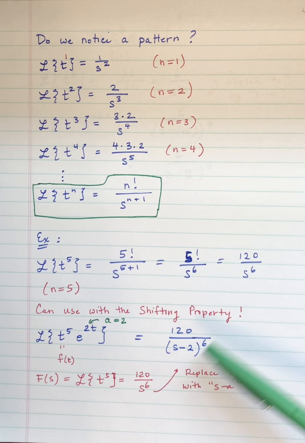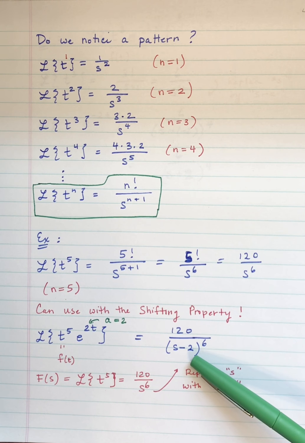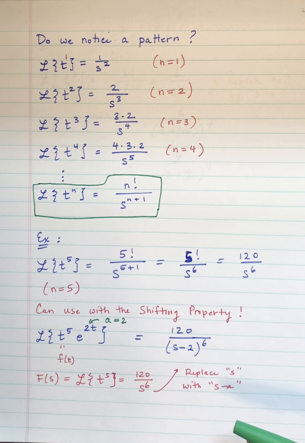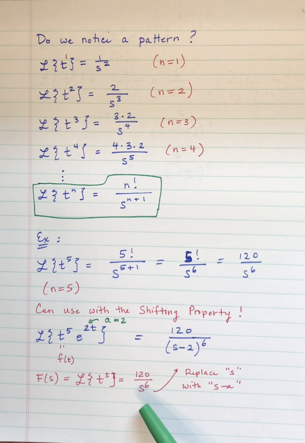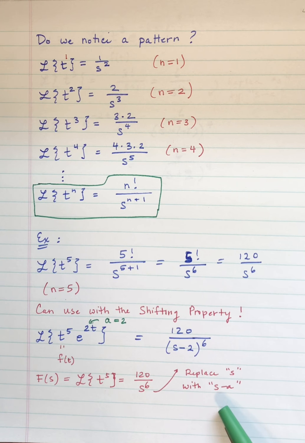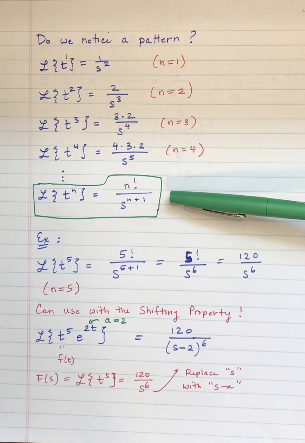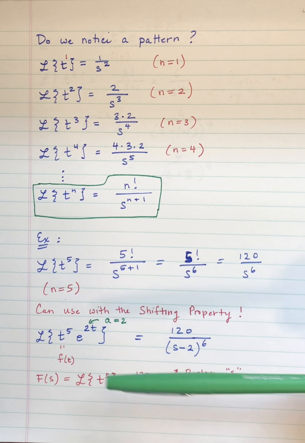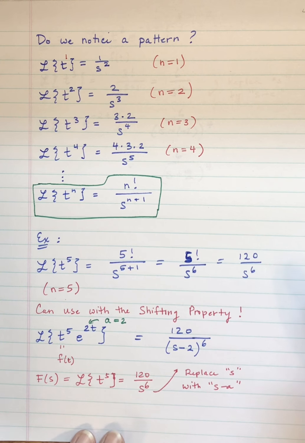So we replace this s with s minus 2. That's all you have to do. So that's what I'm saying here. The Laplace transform of t to the 5th is 120 over s to the 6th. Just shift that argument with s minus a, where our a is 2. So these powers of t are really simple. You use this formula, and then if you multiply by an exponential, just use your shifting property.